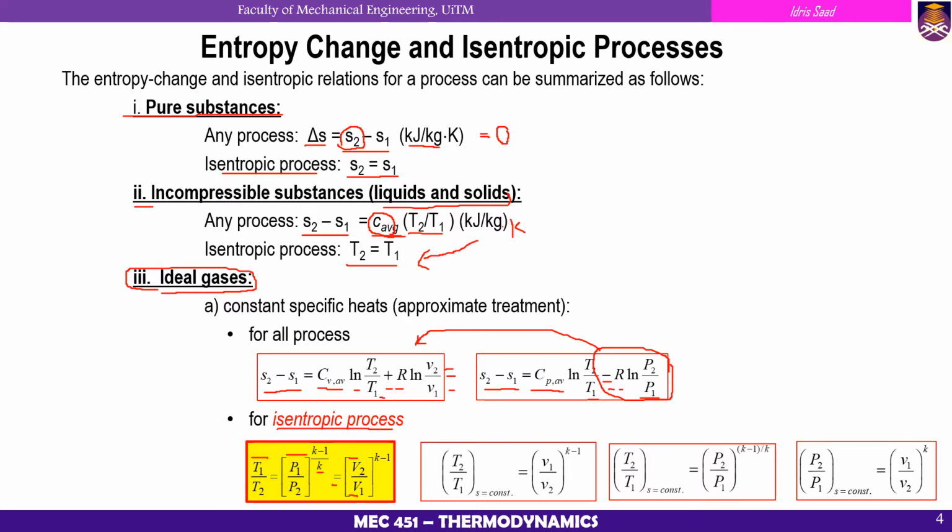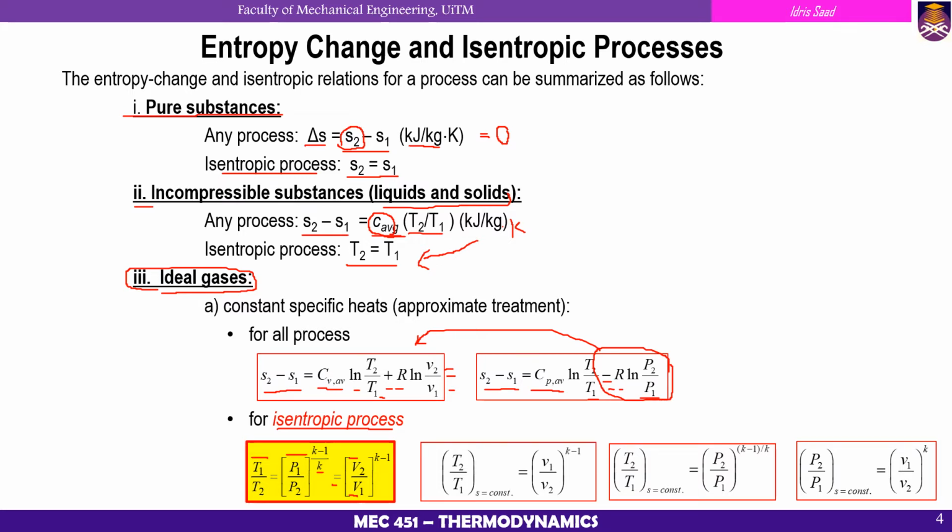For your information, P1 over P2 we call the pressure ratio, and V2 over V1 we call the volume ratio, or the compression ratio.